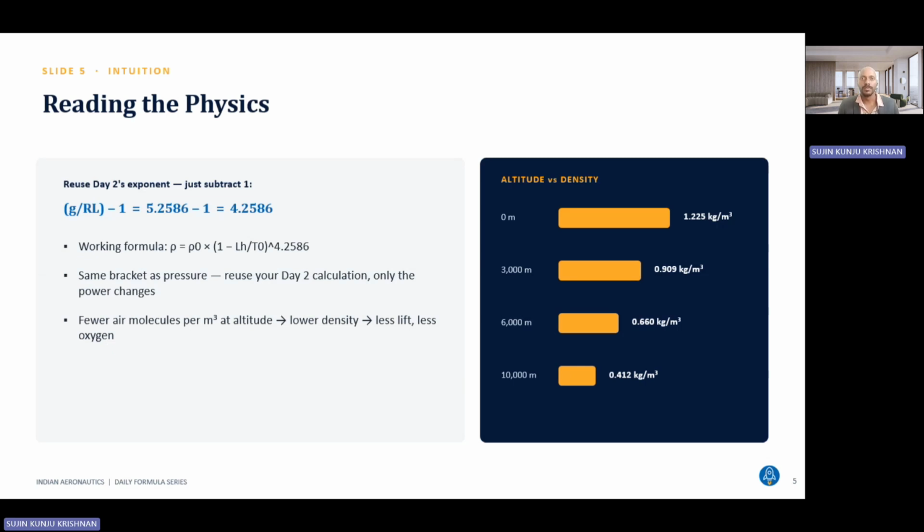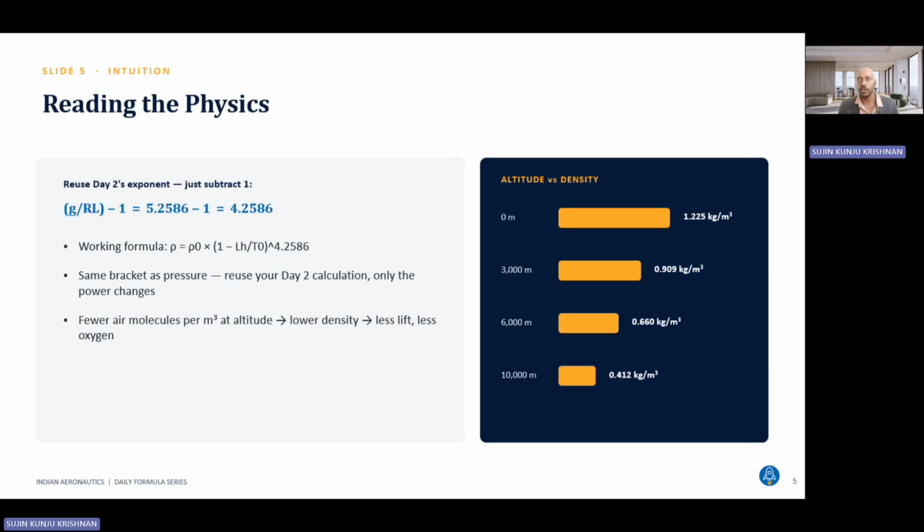4.2586. So basically, think about what density actually means. It's how many air molecules are packed into each cubic meter. As you climb, the air isn't just colder and under less pressure. It's also more spread out.